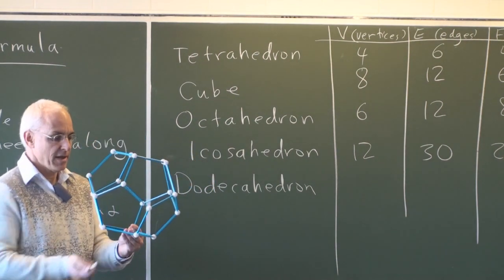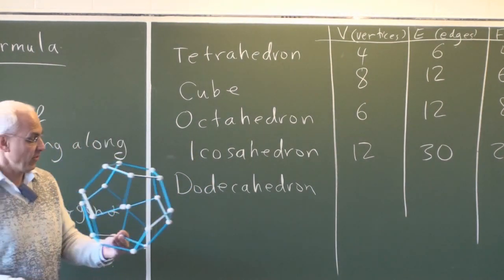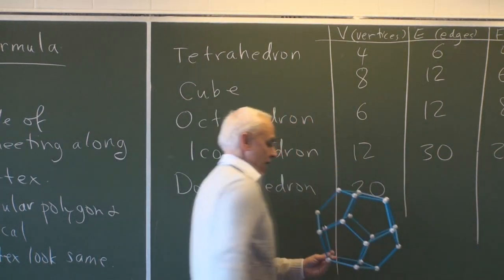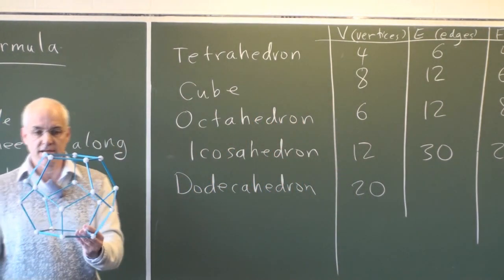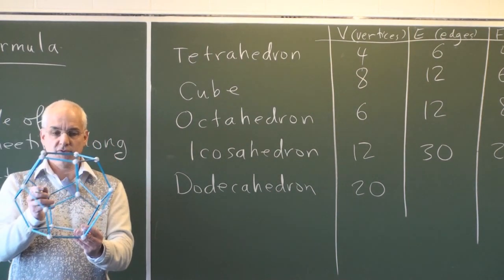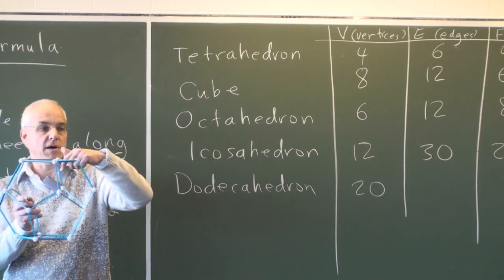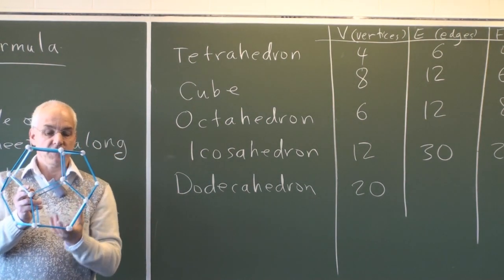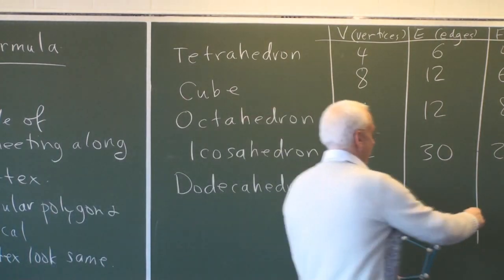Okay, so we counted the number of vertices was 20. And the number of faces, that's not so hard because there's 1 on the bottom, 1 on the top, and then there's sort of 5 joining the one up on the top and 5 joining the one on the bottom. So there's 12 faces.